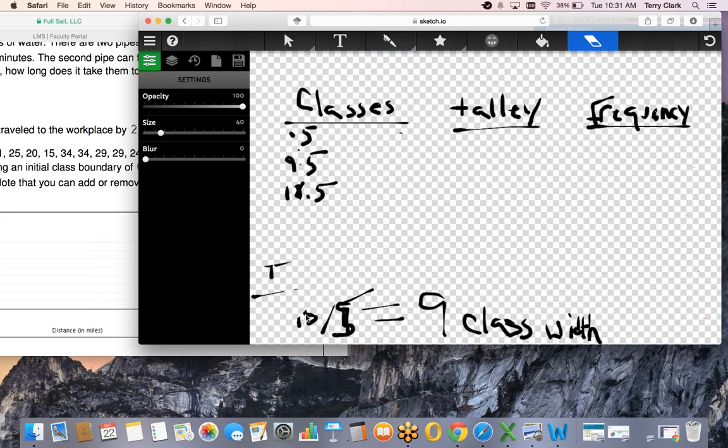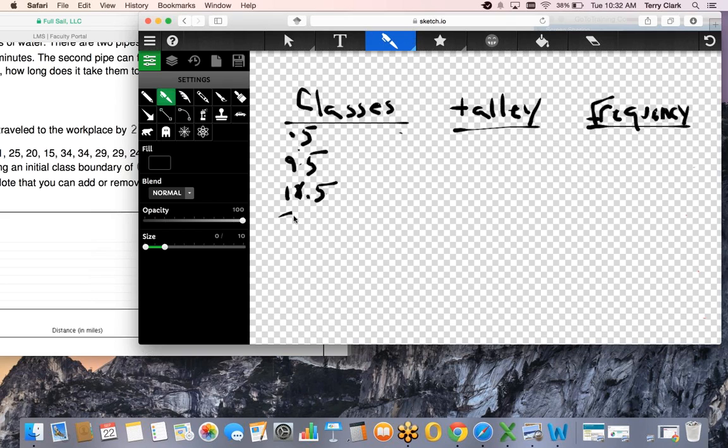Right now, all I'm doing is just the lower boundaries. Now, the lower boundary is different than the lower limit. The boundary is what the limit falls into. 19, 27.5, 36.5.